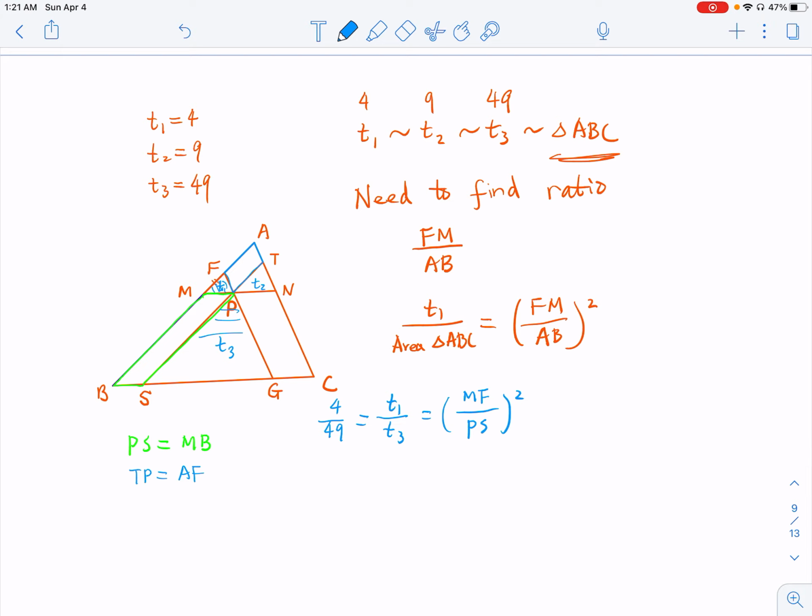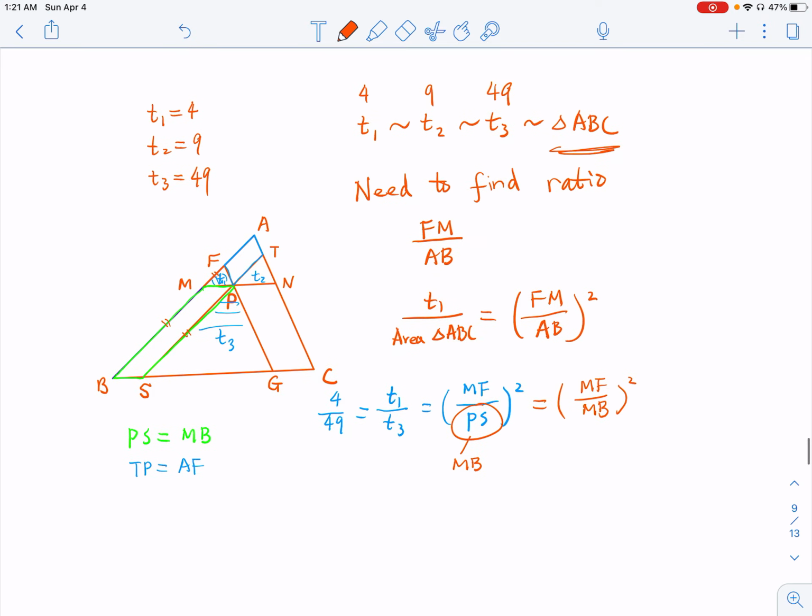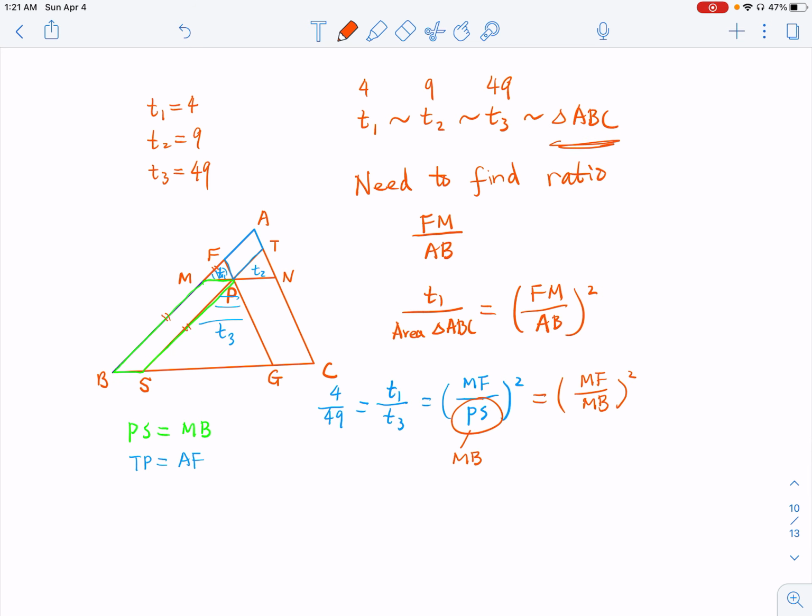Now, however, what is PS here? Notice that PS equals MB, right? So we can change this to MF over MB squared. Since this is 4 over 49, from here we know that MF over MB must be 2 over 7.